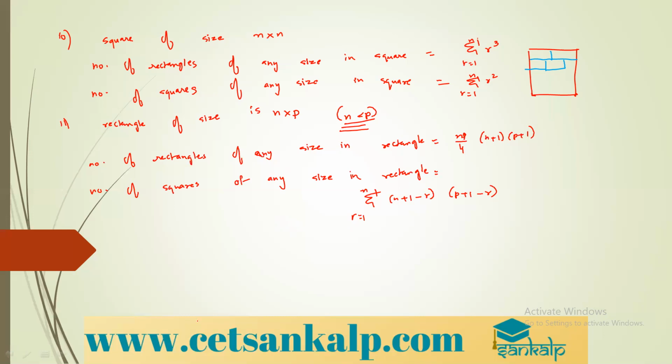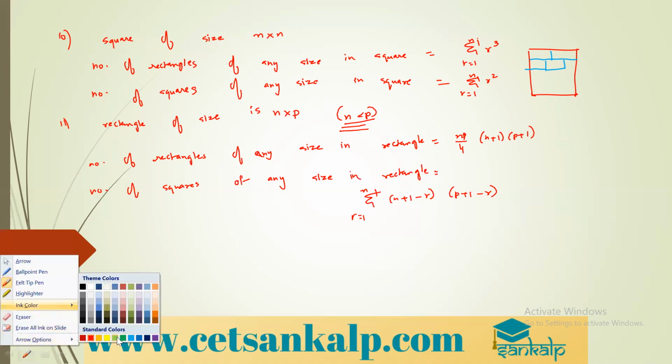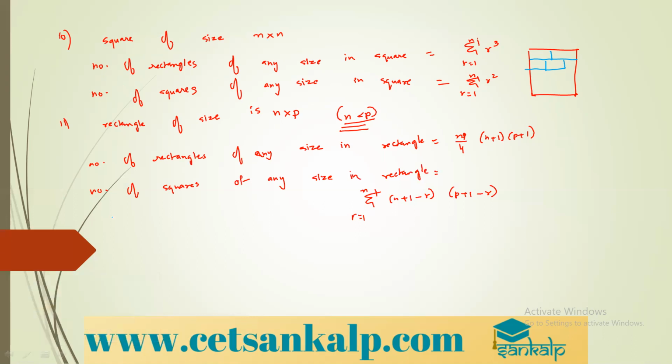As I told you, two formulas. If I give you two examples, you will understand better. So first example, I will take a rectangle. The dimensions of the rectangle are 9 by 6. So which is n, which is p? Because n is less than p, n has to be 6 and p has to be 9. Remember that.